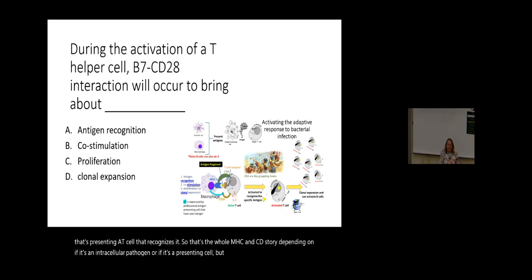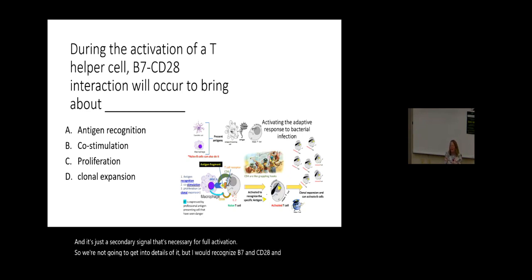But then in order to actually stimulate the clonal selection and make more of these white blood cells that have recognized a pathogen in your system, you need to have this co-stimulation by the B7 and CD28. Those are just transmembrane proteins, and it's just a secondary signal that's necessary for full activation. So we're not going to get into details of it, but I would recognize B7 and CD28.